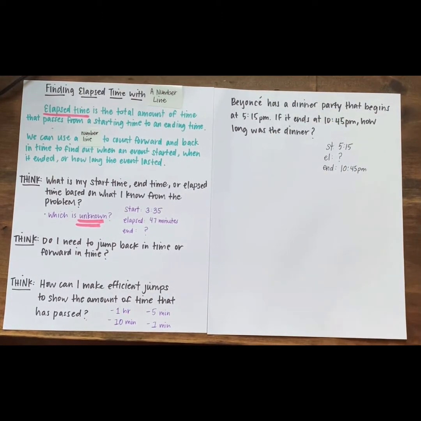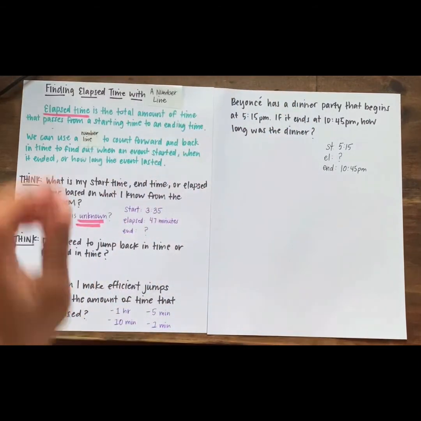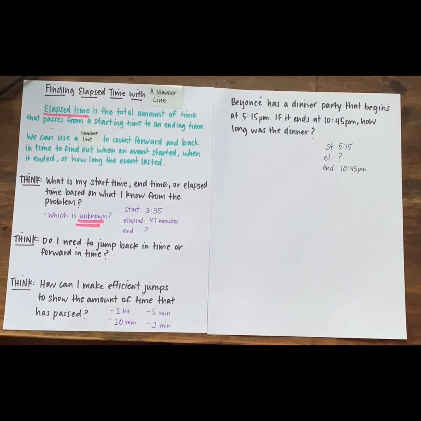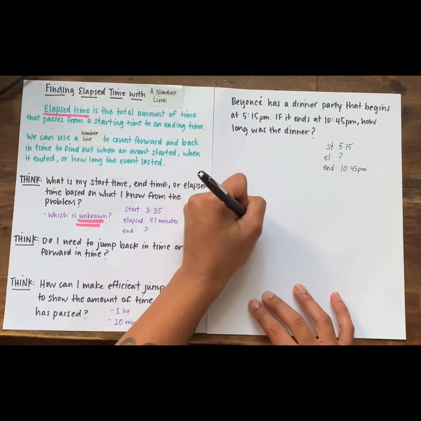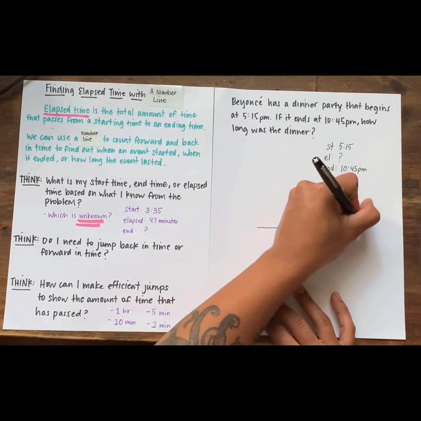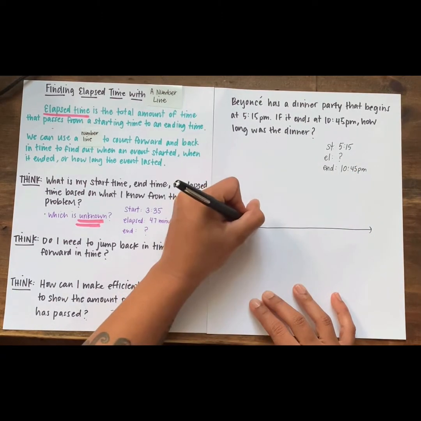Nice job. How is this problem similar to what we did yesterday and how is it different? Say your answers out loud. That's right. It's similar because we're solving another elapsed time story problem on a number line, and we're thinking about the start time, end time, and the elapsed time, thinking about what's known and what is unknown.